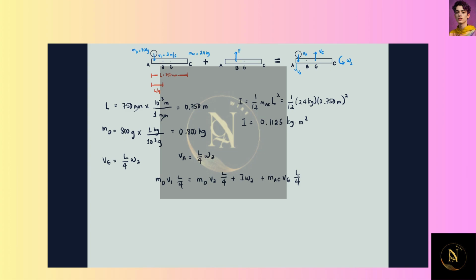We can substitute the equation for VG here. So this will become MD V1 L over 4 equals MD V2 times L over 4 plus, since both terms will now have omega 2, we can factor out omega 2, so it will be I plus MAC times L over 4 squared, times omega 2.